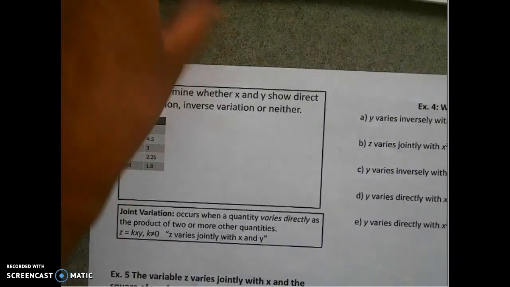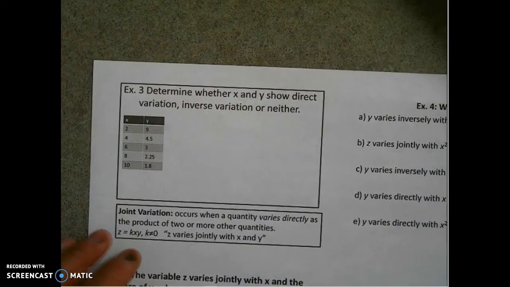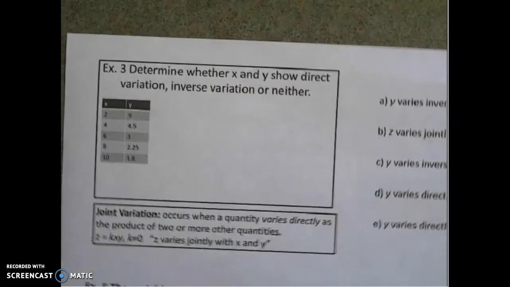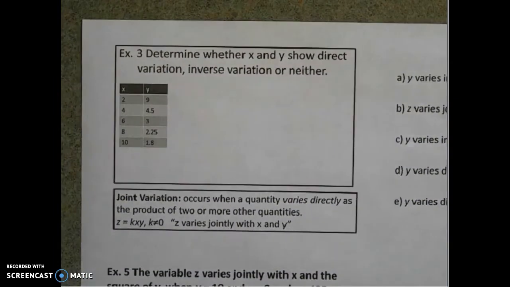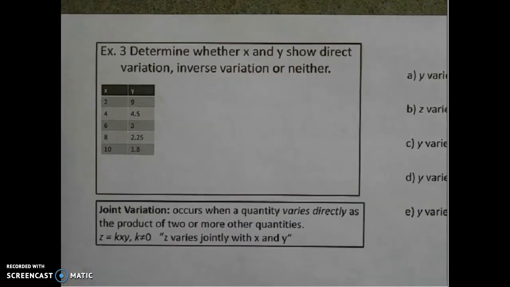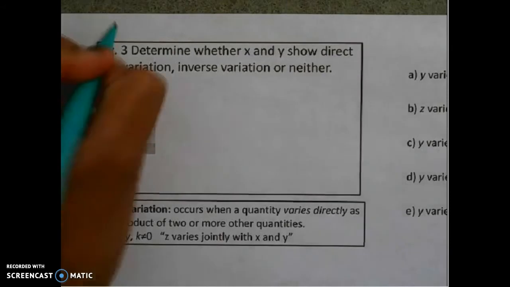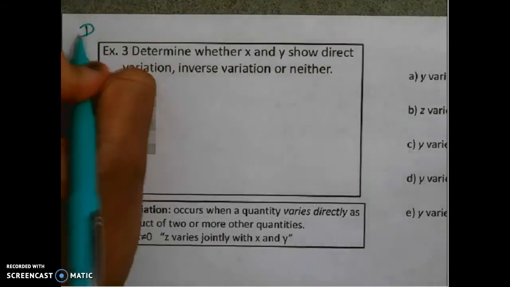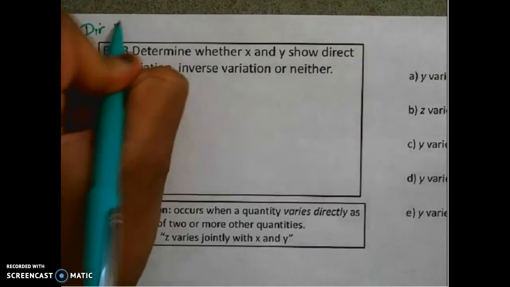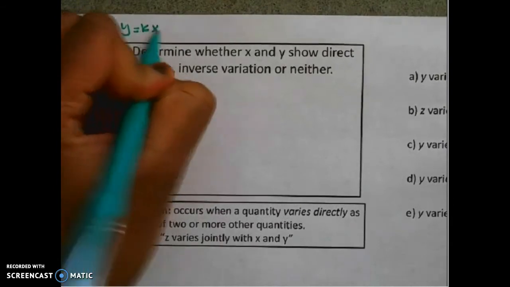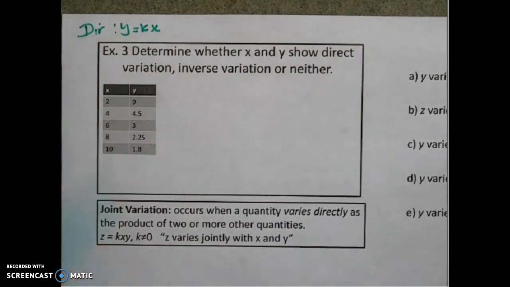Okay, let's check out example 3 on the back side of your paper, possibly, depending on how it was photocopied. Determine whether x and y show direct variation, inverse variation, or neither. One thing I like to do for these, kind of helpful, direct variation. I know that y is equal to kx. And for these problems, when I'm given an xy table, I like to just figure out what's happening for the k.